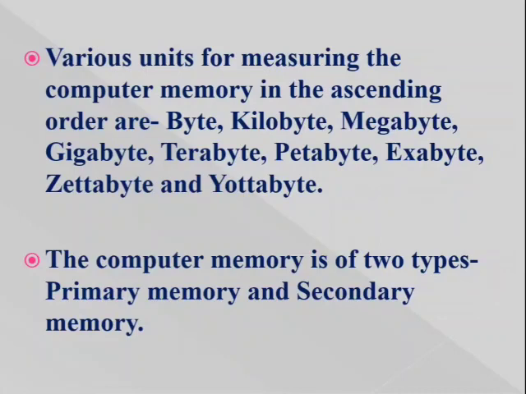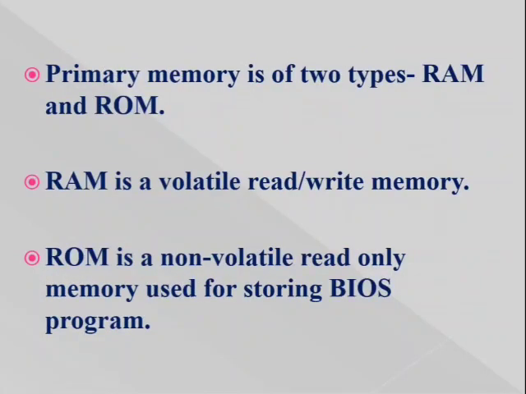The computer memory is of two types, primary memory and secondary memory. Primary memory is of two types, RAM and ROM. RAM is a volatile read-write memory and ROM is a non-volatile read-only memory used for storing BIOS program.